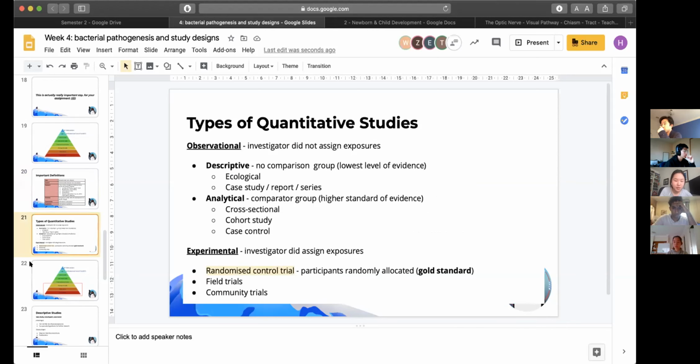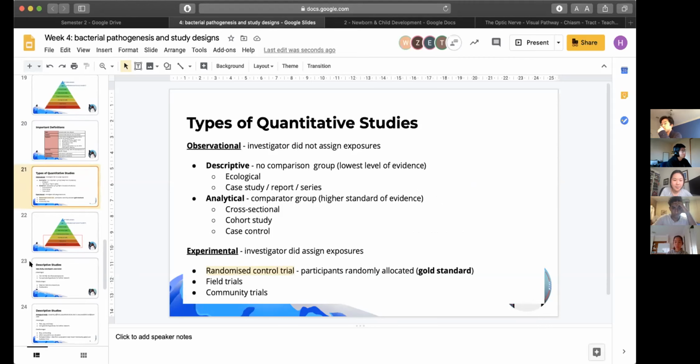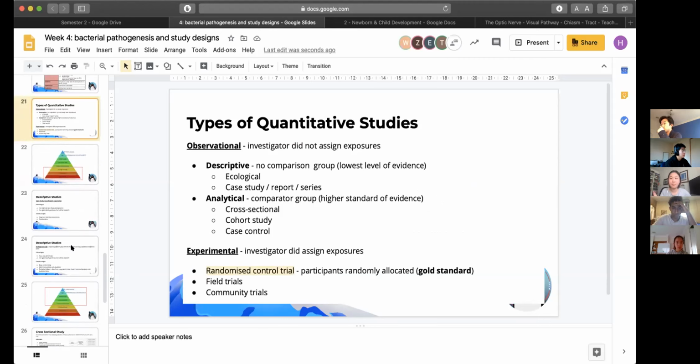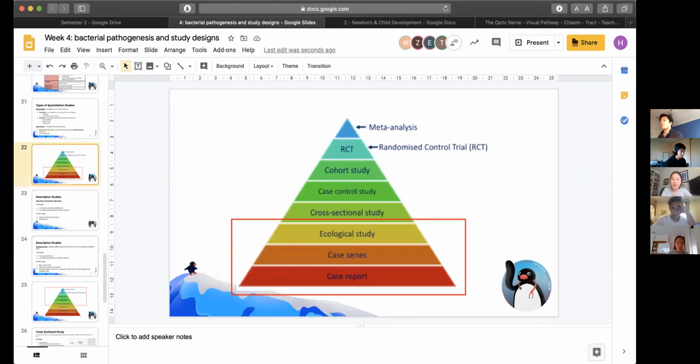so you've got what we would call bad studies, right? Studies that you want to avoid, study designs that you want to avoid using. And they are all grouped in the bottom 3. These are the ones that you might get asked to analyze during the assignment, you might not.